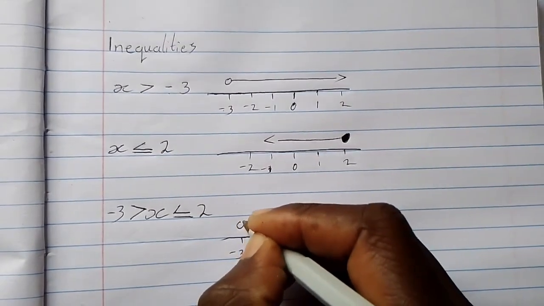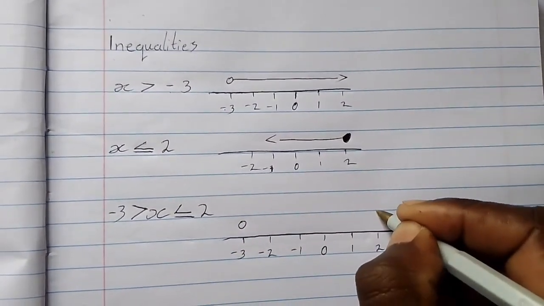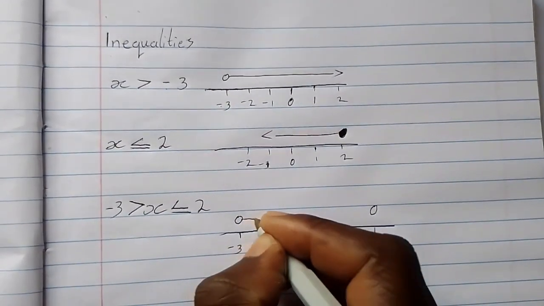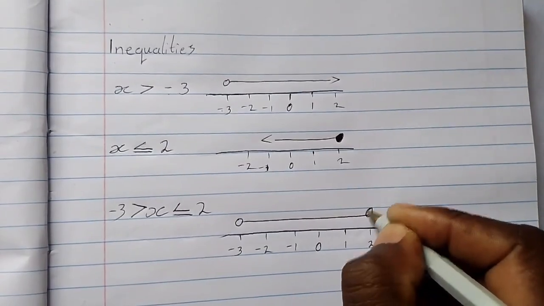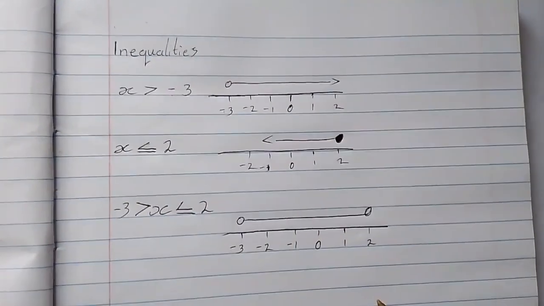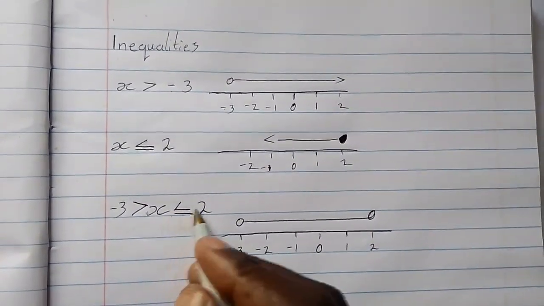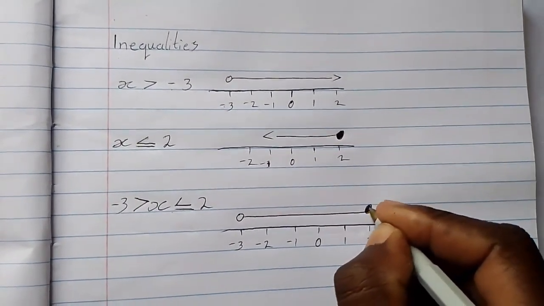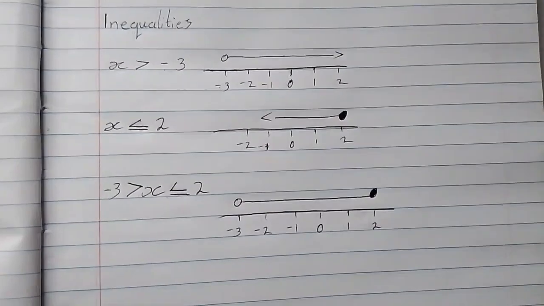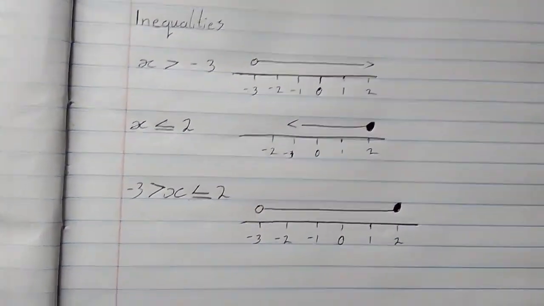So minus 3 is here, then our 2 is here, then they connect. This is our range. Then the 2 end, less than or equal to, becomes shaded. So this is how you do it, guys.